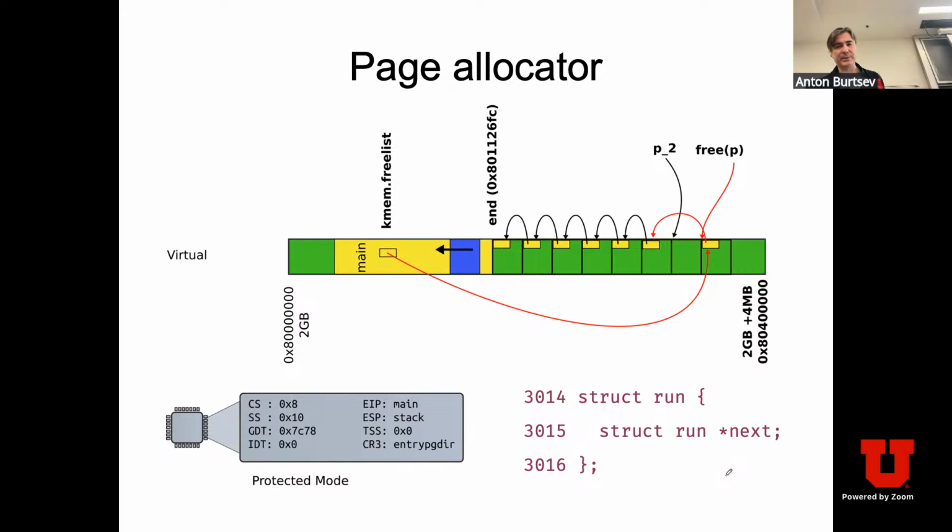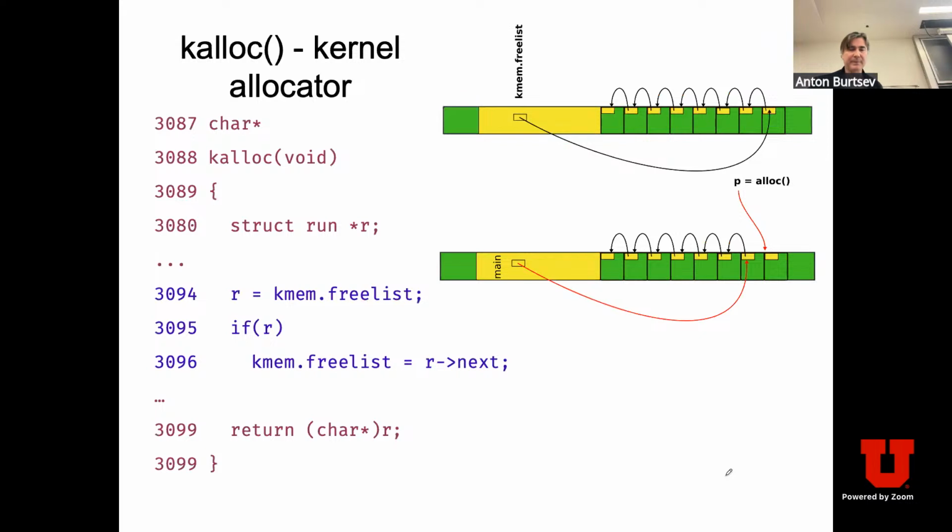So this is what xv6 is doing. Specifically, instead of calling the function alloc, they add k, for kernel alloc. Maybe with some small omissions here, which we will cover later, some kind of locking, spin locks here.